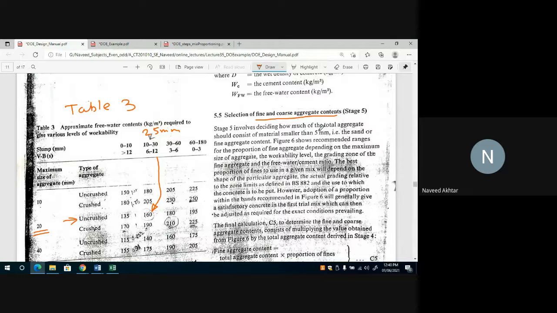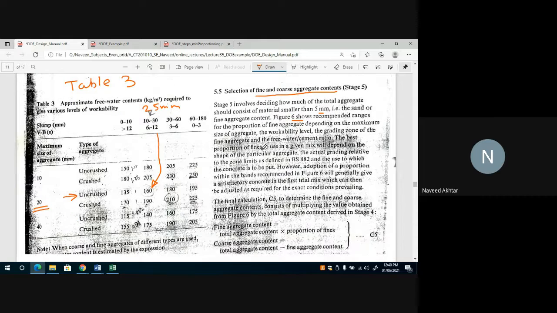Deciding how much of the total aggregate should consist of material smaller than 5 mm, that is the sand or fine aggregate content. Figure 6 shows recommended ranges for the proportion of fine aggregate depending on the maximum size of aggregate, the workability level, the grading zone of the fine aggregate, and free water to cement ratio. The best proportion of fine to use in a given mix will depend on the shape of the aggregate.